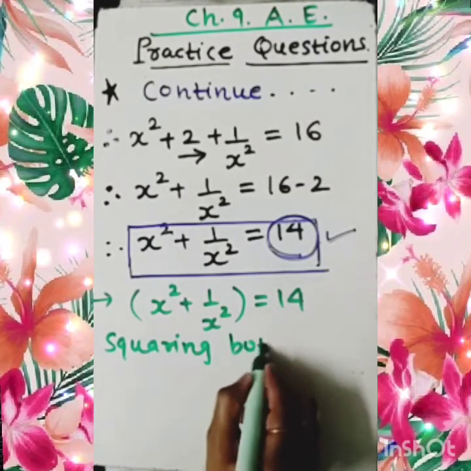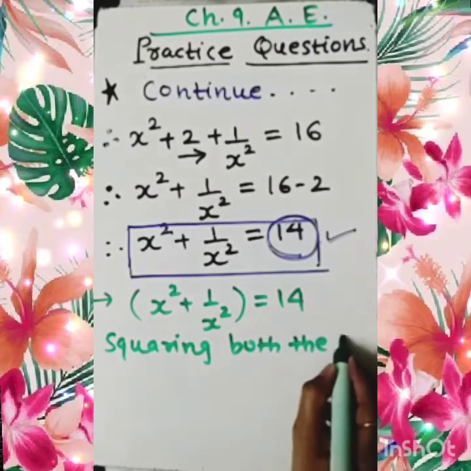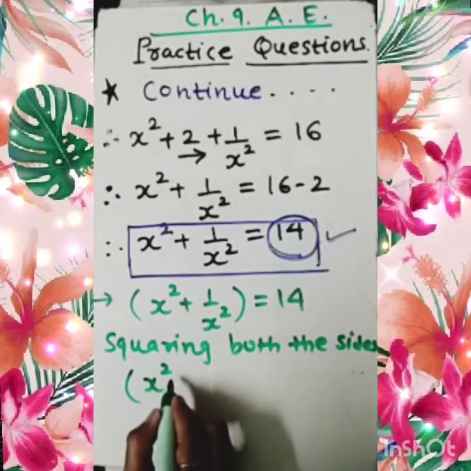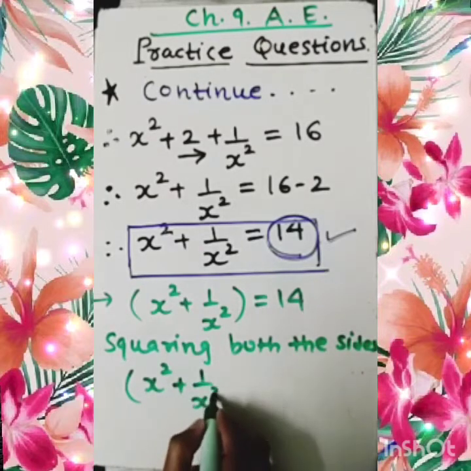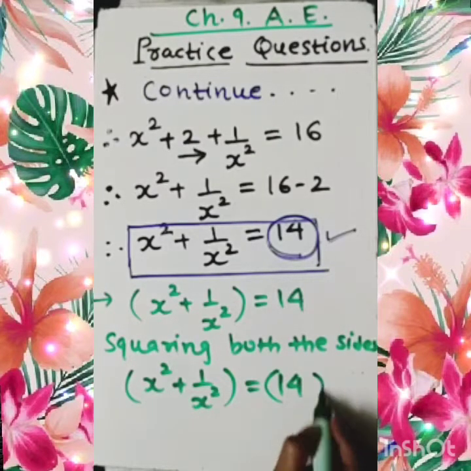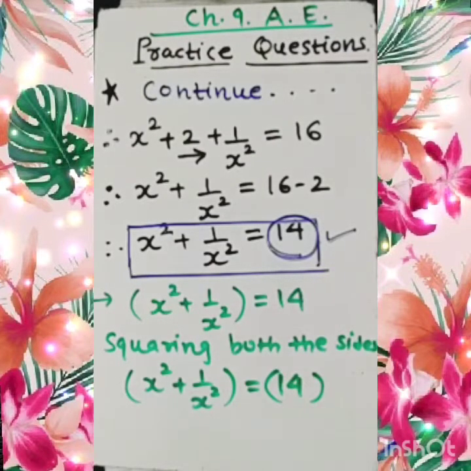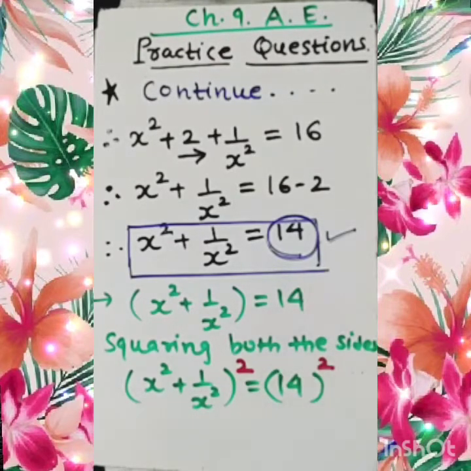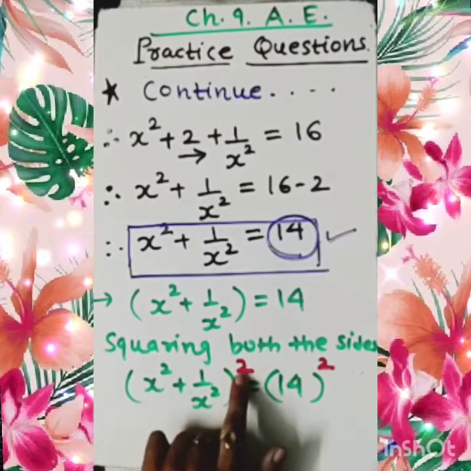If I square both the sides, then we have x square plus 1 upon x square, whole square, equal to 14 square. Squaring both the sides means we need to mention the square here. Now, as usual, we need to apply the identity which we studied in chapter 9, that is the first identity, A plus B whole square.